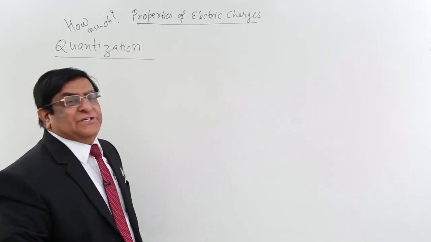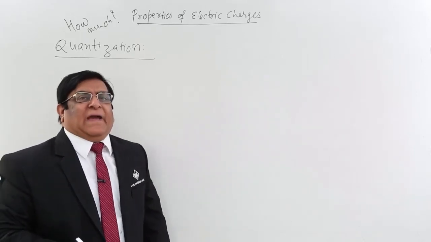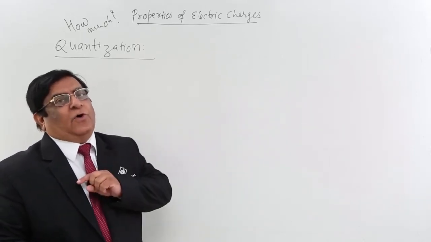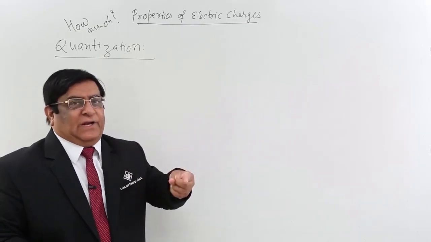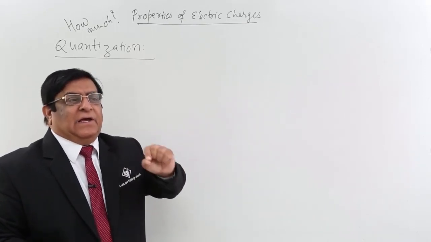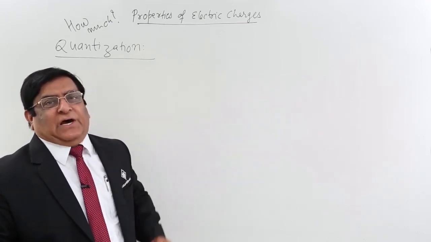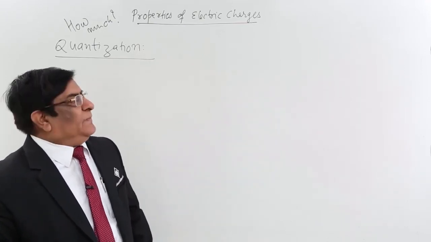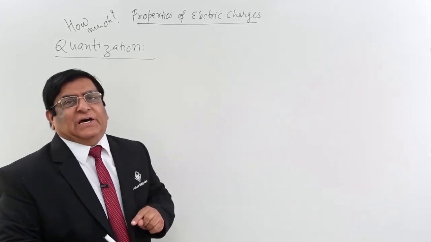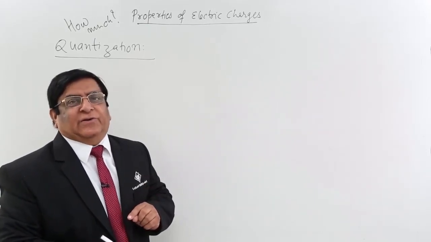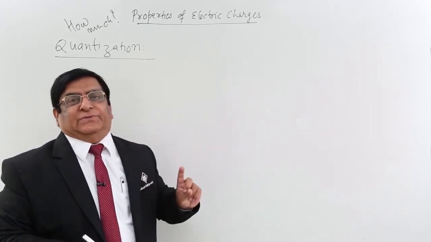So its calculation is done with the fact that charge is always carried by transfer of electrons, and the number of electrons which are transferred will give the charge. So when we are increasing charge, the charge does not increase for all the values.